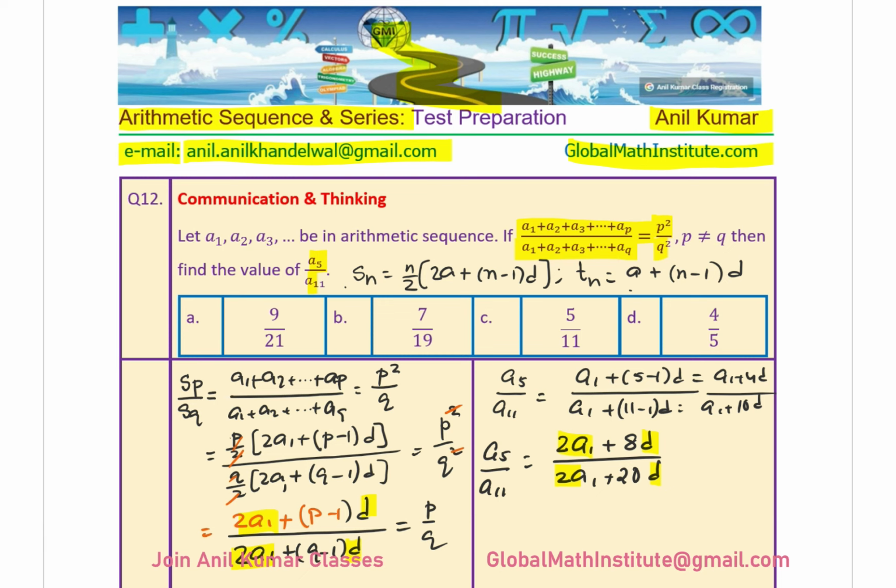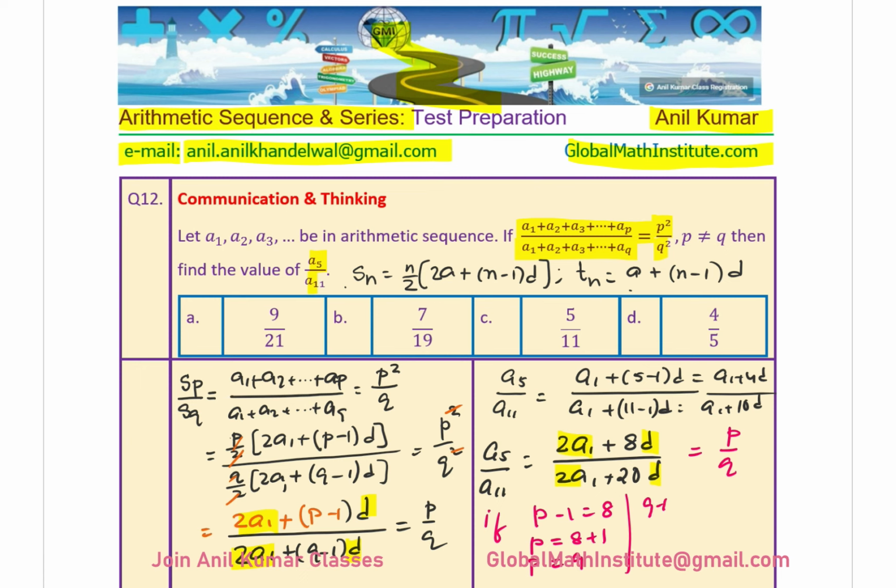And so if I see that, I can say that if 8 is equal to p minus 1, then this ratio is p over q. Or let me write it like this: if p minus 1 is equal to 8, that gives me a value of p as 8 plus 1, so p is 9.